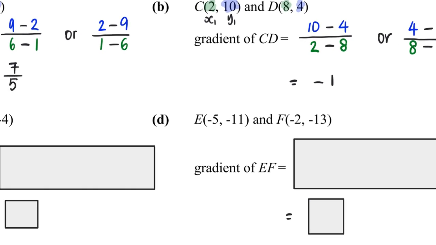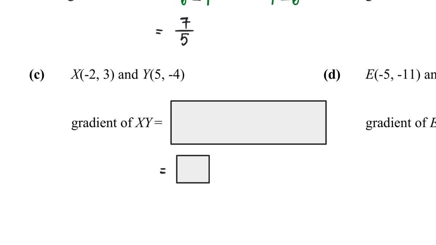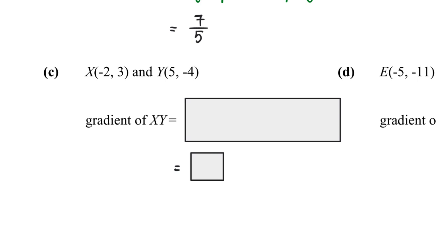And so for the next two examples, it will still be the same. Again, I just need to identify my x1, y1, x2, y2, and I will then be able to apply it very carefully into the formula.